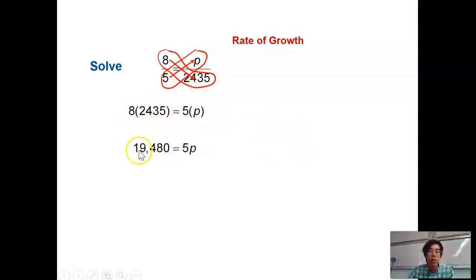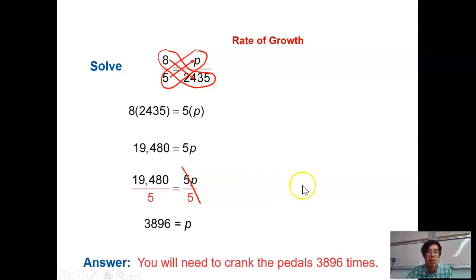Simplify that out, you're going to get 19,480 equals 5p. And then to get p by itself, this is 5 times p, I have to undo the operation of multiplication by its inverse. So I'm going to divide both sides by 5. And then that 5 is going to cancel out right here, leaving me p all by itself.